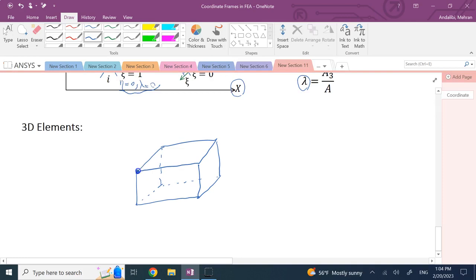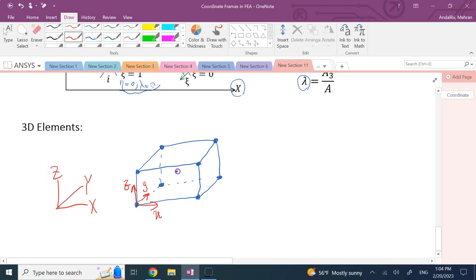So you have 8 nodes that you can give names. Again, your global frame could be anywhere. Your local frame could be put on one of these nodes, for example maybe here. That could be small x, small y, and small z.